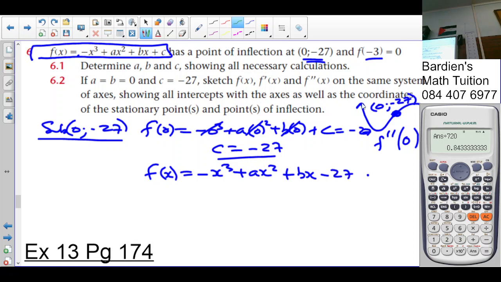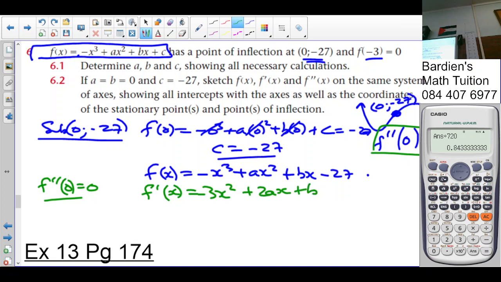So I'm going to go with the information of the derivative. f prime of x is equal to negative 3x squared plus 2ax plus b. Apply the derivative again, which is negative 6x plus 2a, with f double prime of 0 equal to 0.